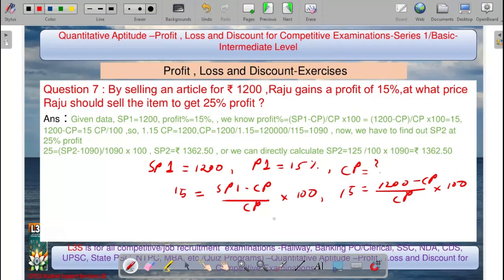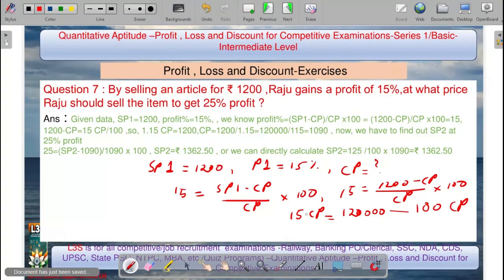So 15 CP is equal to 1200 into 100 minus 100 CP.